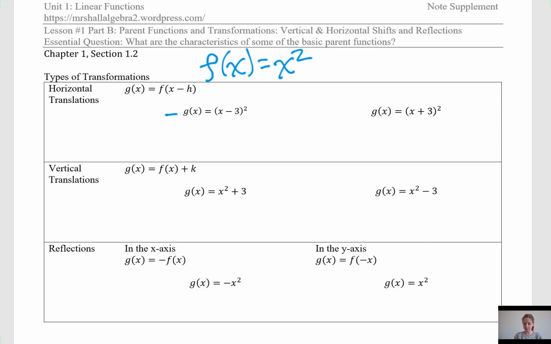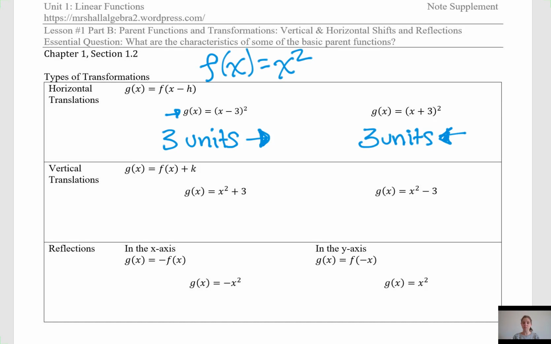For example, if inside grouping symbols you subtract 3, what you're actually doing is shifting the parent function 3 units to the right. And if instead inside grouping symbols you add plus 3 to the x value, you are shifting the parent function 3 units to the left.